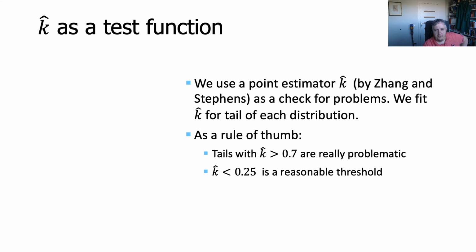And we can fit k hat for the tail of each distribution, and we get some kind of heuristic analysis that as long as k hat is less than 0.25, then we shouldn't worry. If k is bigger than 0.7, then we should really worry.